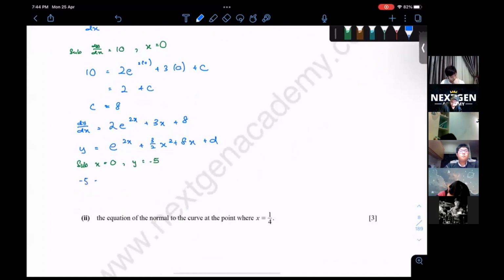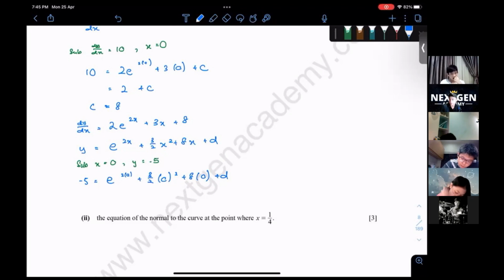So -5 equals e to the power of 0 plus 3 over 2, 0 squared. Actually, you don't have to write everything, whatever is 0 is 0. You just need to remember that anything to the power of 0 is not 0.